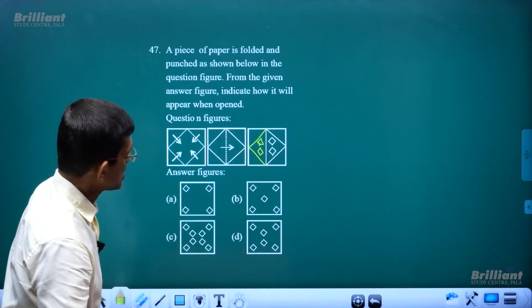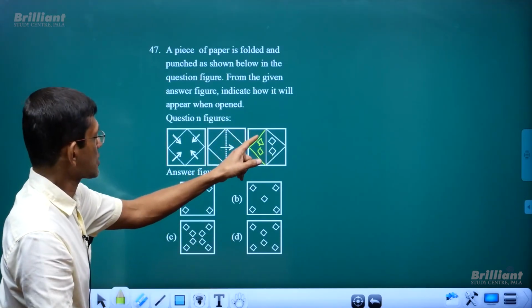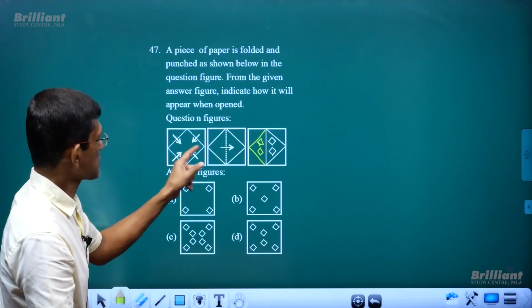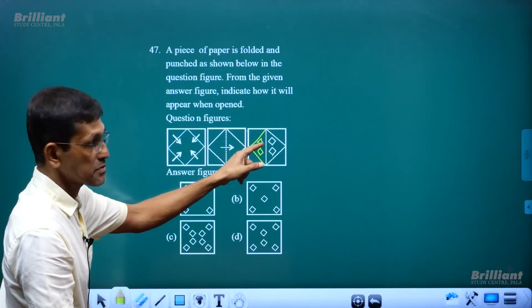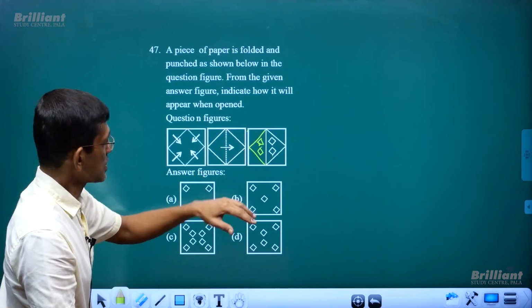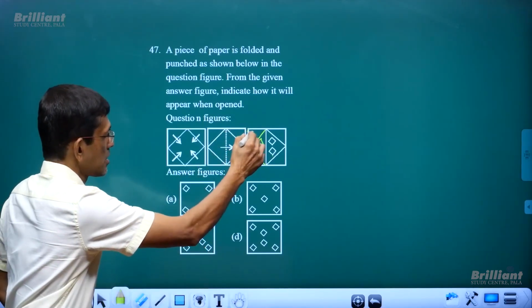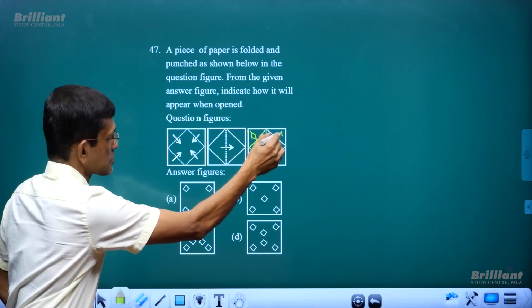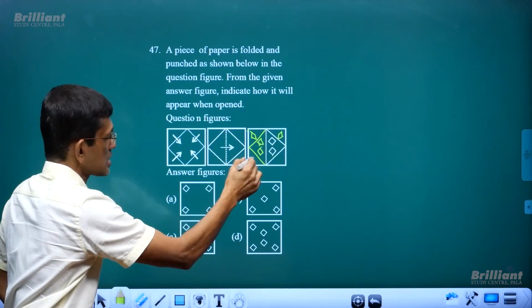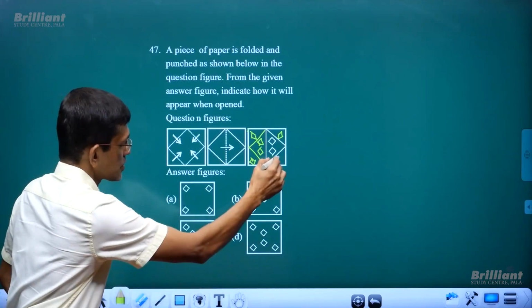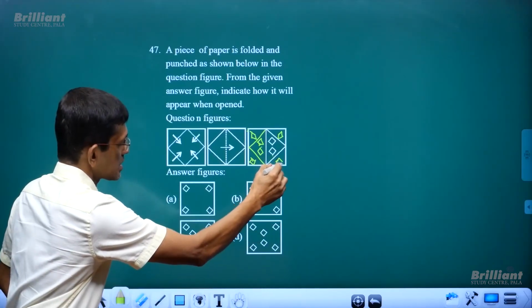Apart from that, this corner is folded. If that corner comes up to here, then when you unfold that corner piece, you can see a hole here, a hole here, and a hole here. So every corner you can see a hole as well. So the total number of holes would be 8.